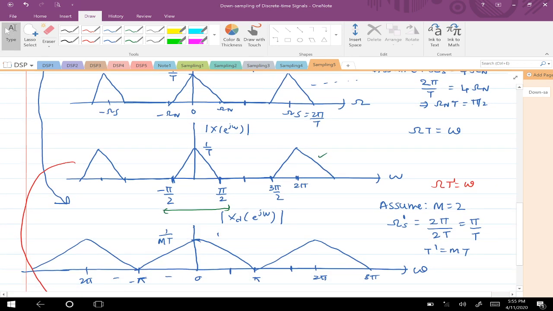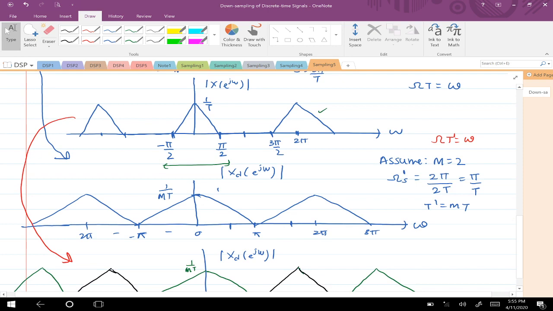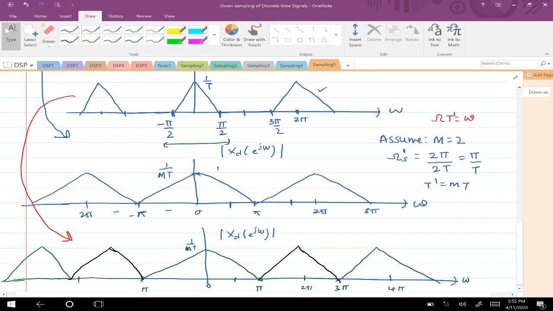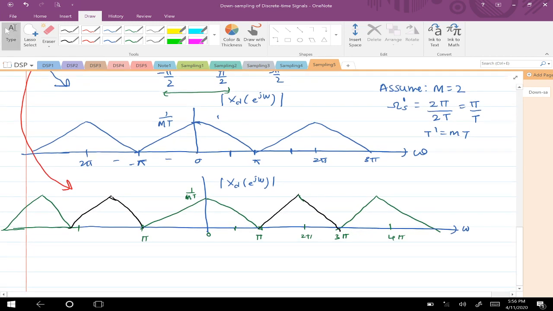From that we figured out what the frequency spectrum would look like for the downsampled version. Then we compared with the version with the periodicity of T. From that we could figure out that this is in fact equivalent to amplitude scaling, then scaling along the omega axis, and then placing multiple shifted copies of the same thing. If you want to write an expression here, for example with M equal to 2, compared to X of e power j omega, the amplitude change is half.